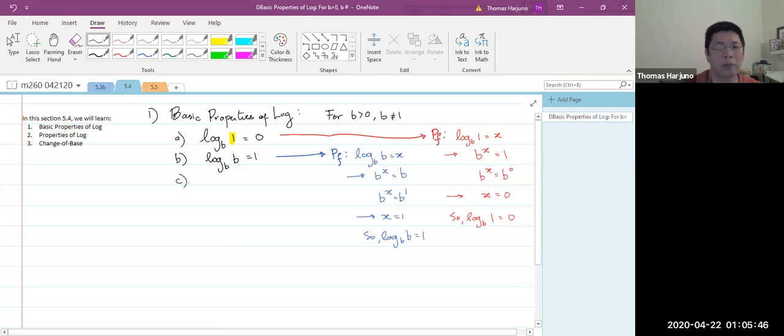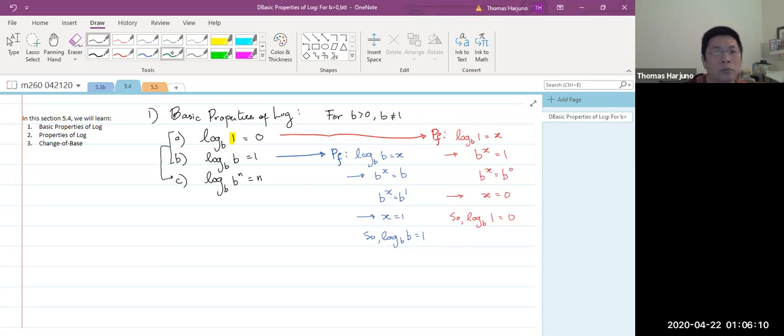The third basic property, you will see, is the generalization of the first two. What is that? Log base b of b to the n is equal to n. The proof is very similar to before.